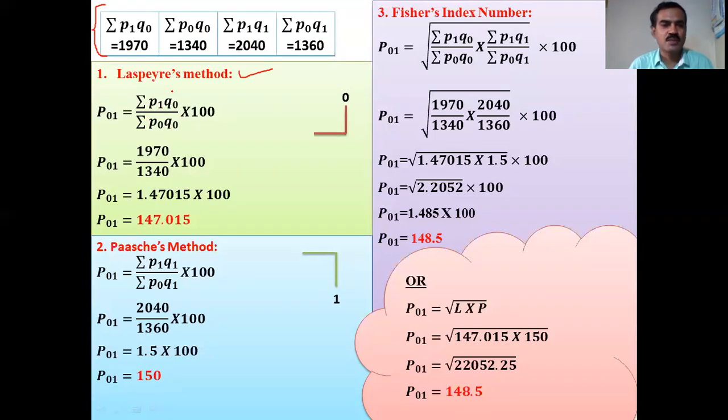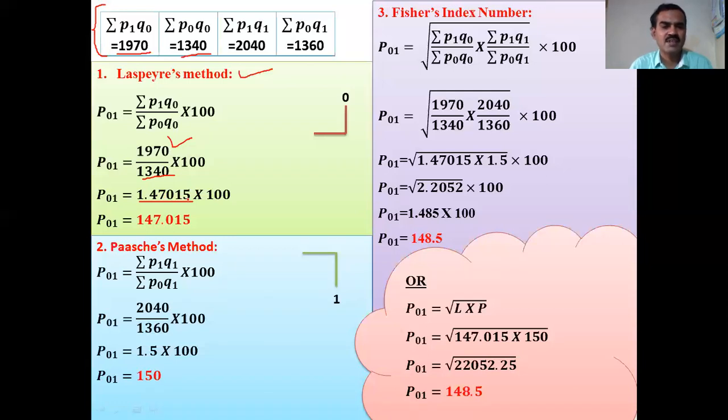So sigma P1 Q naught is 1970, therefore you take 1970, and sigma P naught Q naught is 1340, I have taken 1340, into 100. Therefore 1970 divided by 1340 equals 1.47015. In an examination you can take at most two or three digits; it is not necessary to take all five fractional digits.